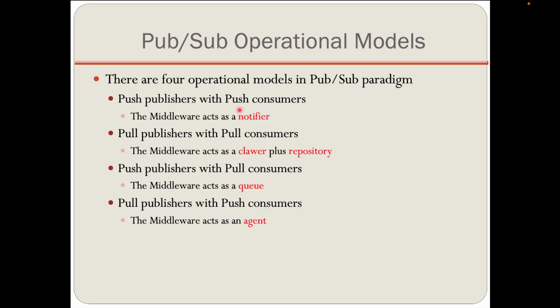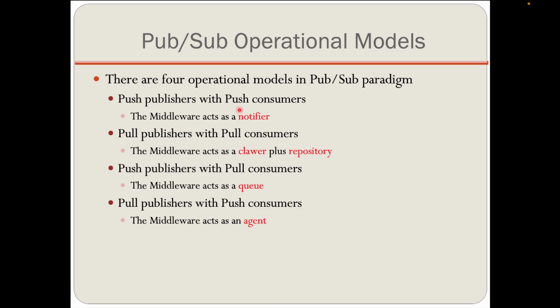The third mode is that the publisher uses push mode, but the consumer uses pull mode. It's a hybrid between the push interface and pull interface. The middleware acts like a message queue. Whenever there's something new generated by the publisher, they send the message to the middleware, and the middleware stores it.